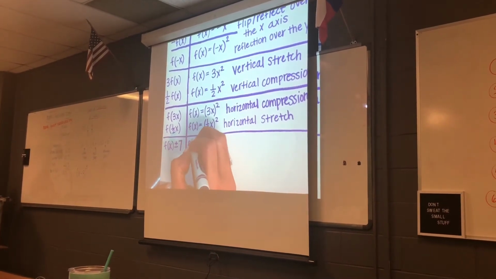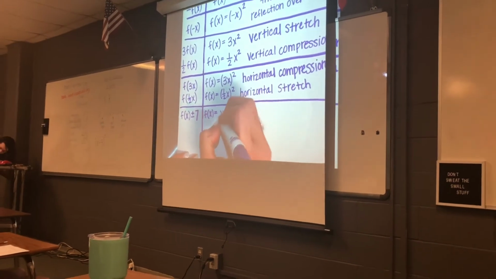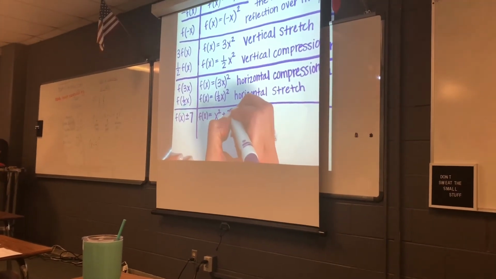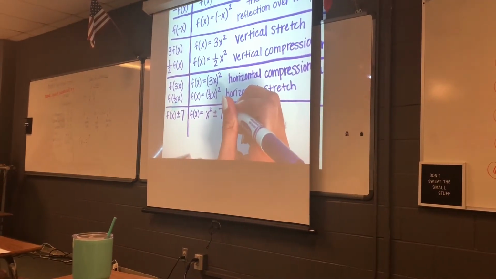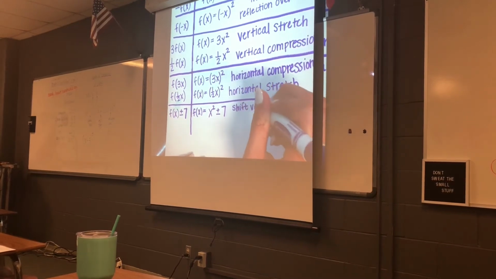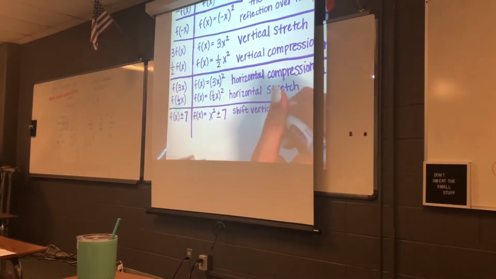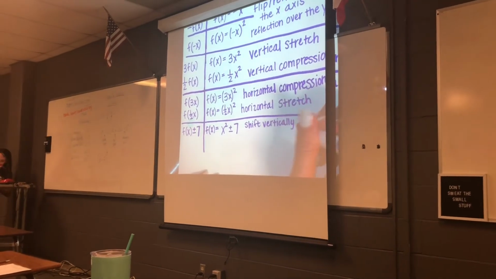Up or down. Yes, it is going to shift either up or down. So x squared plus or minus 7. It is a translation or a shift vertically, up or down.